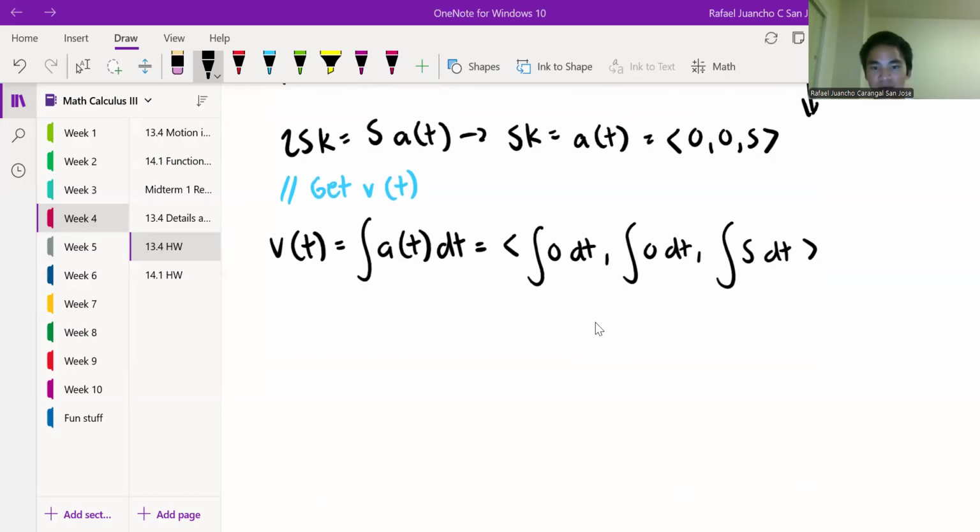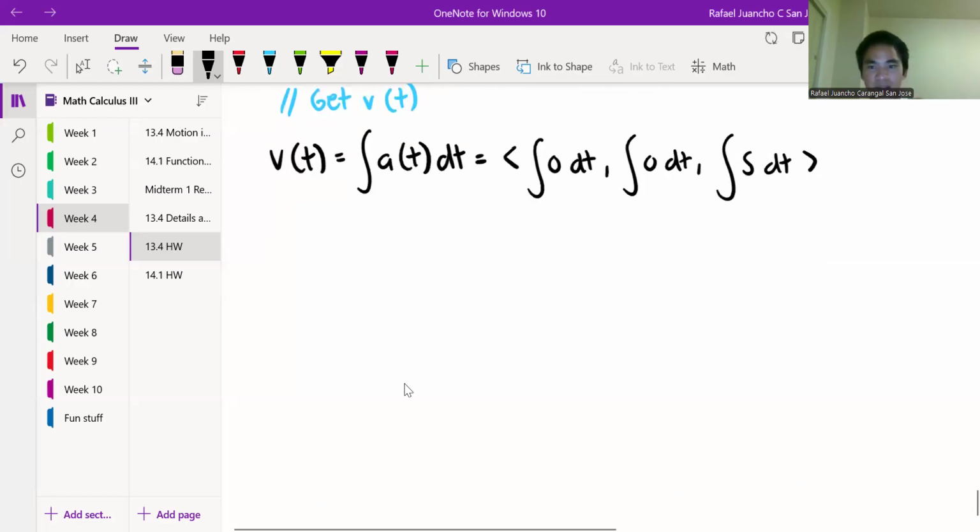So, what happens here? These are just zeros, basically. Because even if I put them outside, I get 0 times t plus c1. It doesn't really matter.